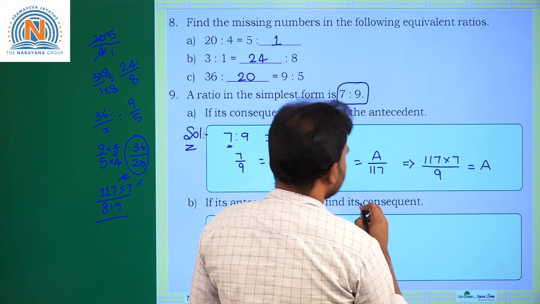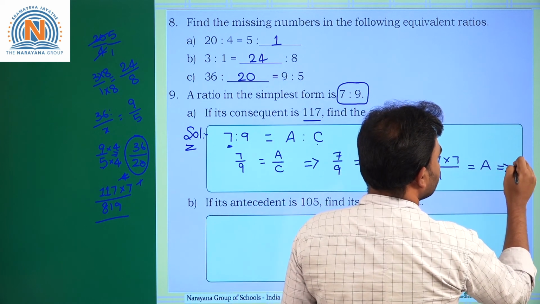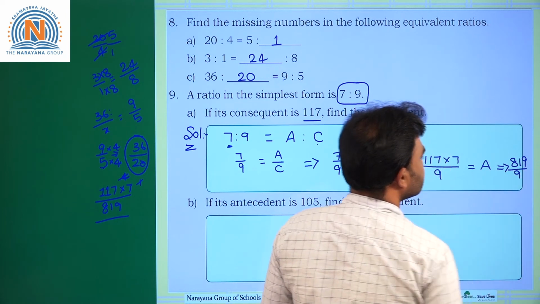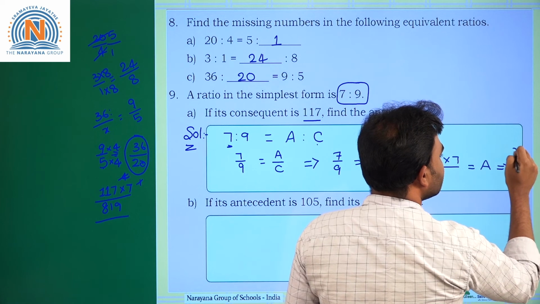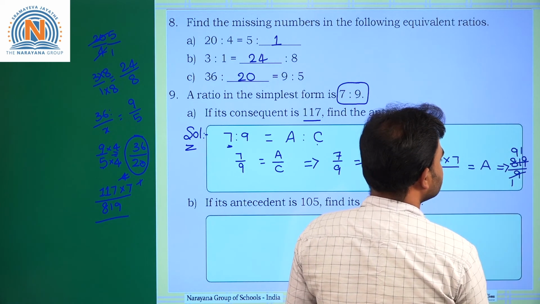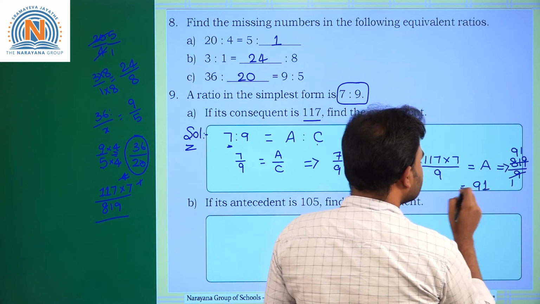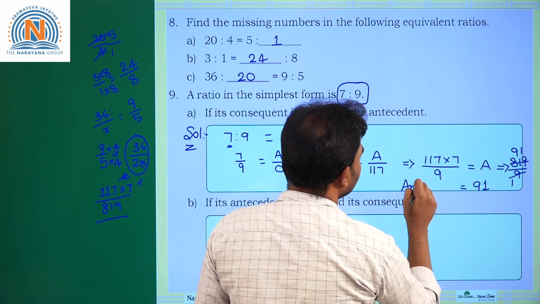Now we will get 819 by 9. Now cancel, 9 ones 9, 9 nines 81 and 9 ones 9, so it is equal to 91. What is this? This is the antecedent, so antecedent is equal to 91.